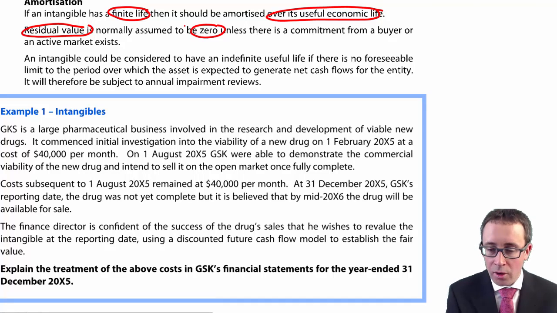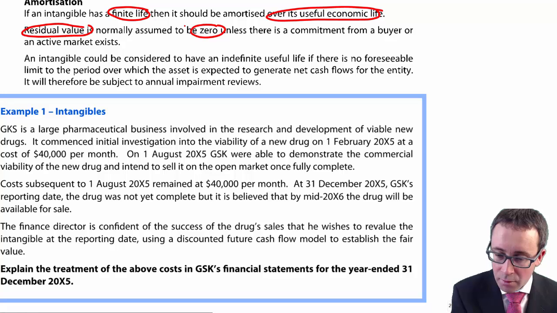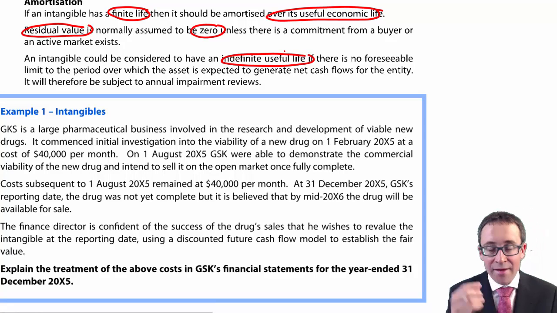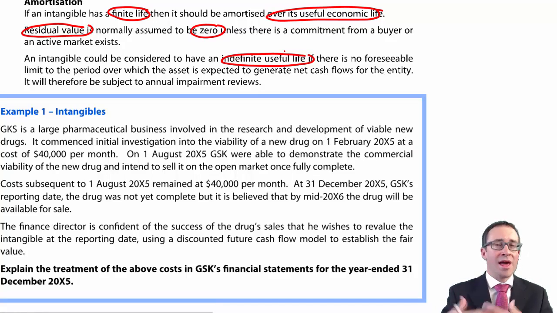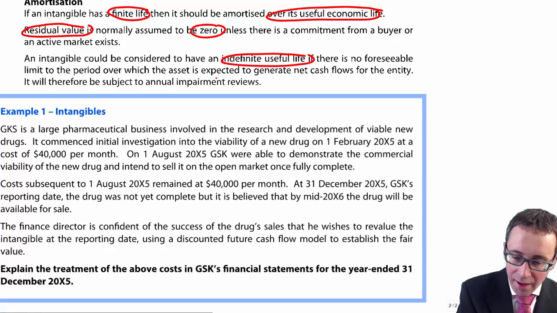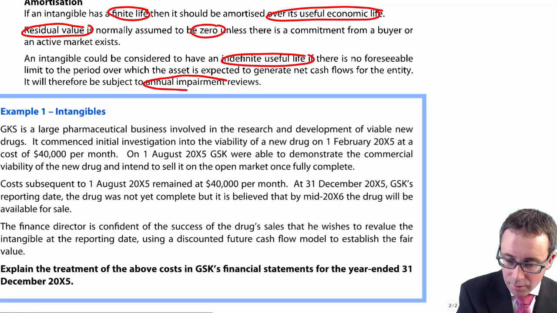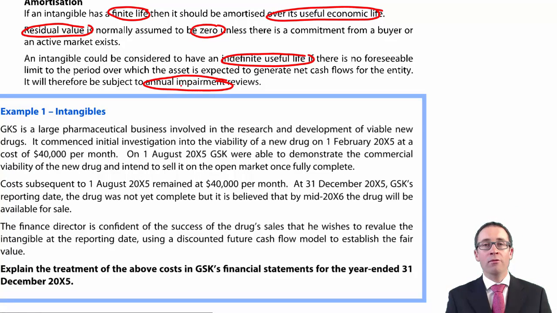The other situation to be on the lookout for, and we'll see this in the next chapter when we look at impairments, is if the asset has an indefinite life, so it lasts forever and ever, so there is no finite period of time. Now, you can't amortize something over an indefinite period, can we? So if that's the case, then what you will do is look at an annual impairment review.